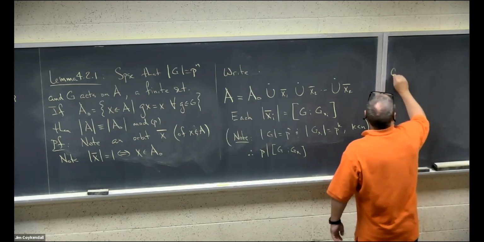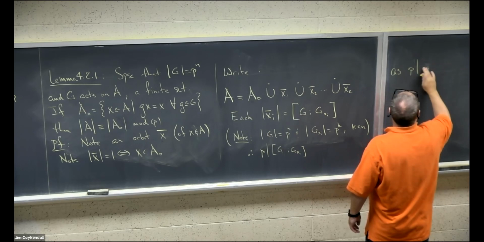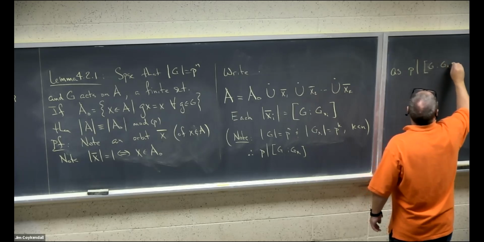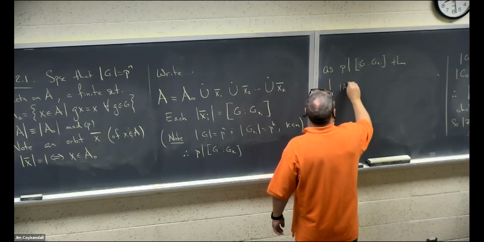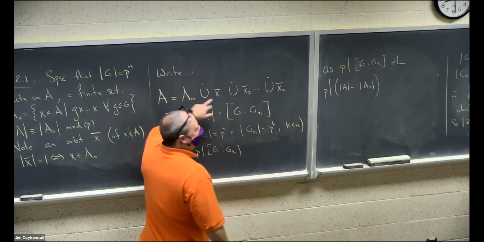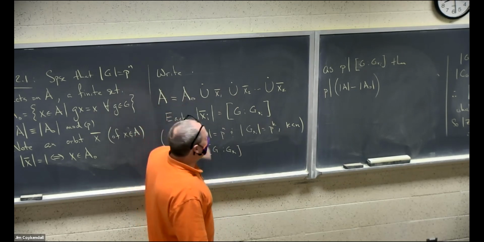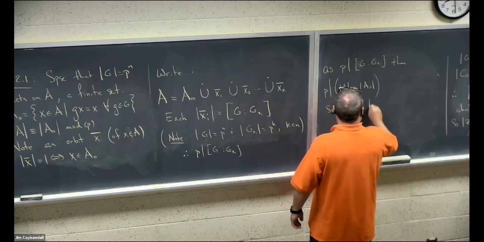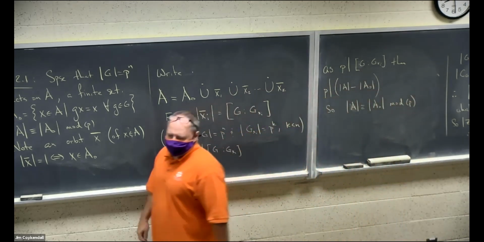So, as p divides each orbit size, then p must divide the sum of them, because this is a disjoint union. p divides the size of all of these, so p must divide the difference in the sizes of these. And so there's our one.